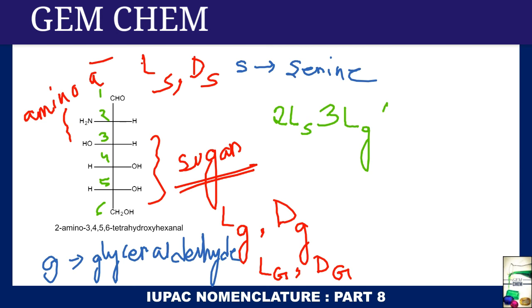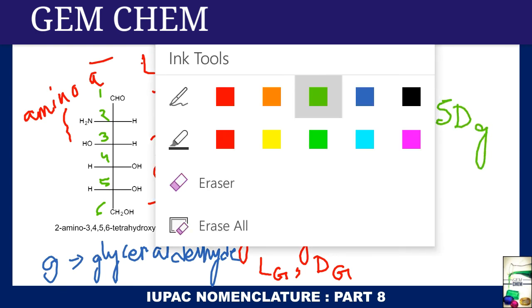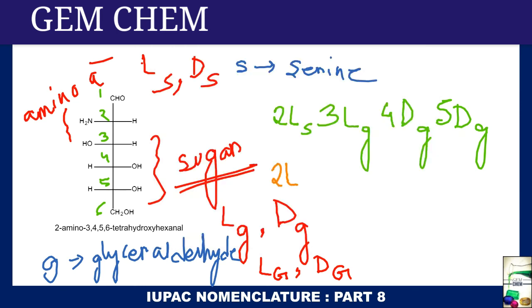Then 4DG. Next one is 5DG. In some books the convention is like this, that is they are using capitals, so 2LS, 3LG, 4DG and 5DG.